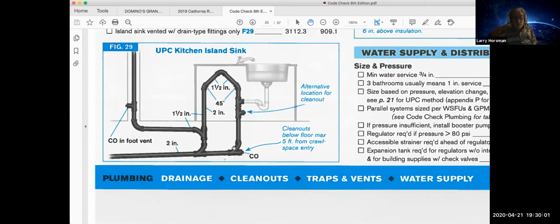Got it. But you're not going very far before you're bringing air into the system. So just as we can go some minimum distance before we have to get to a vent, this is just a method of trying to make sure that you're not going to be working on that island sink all the time when it gets clogged up.